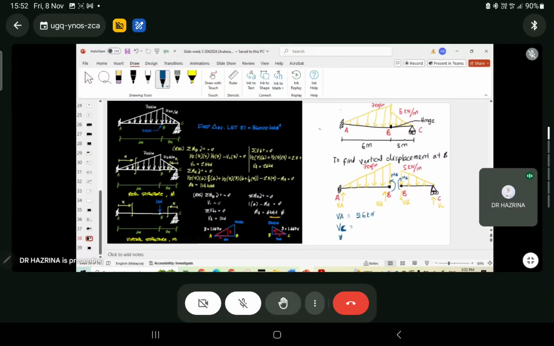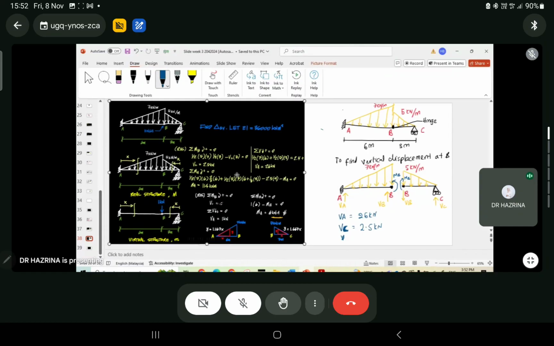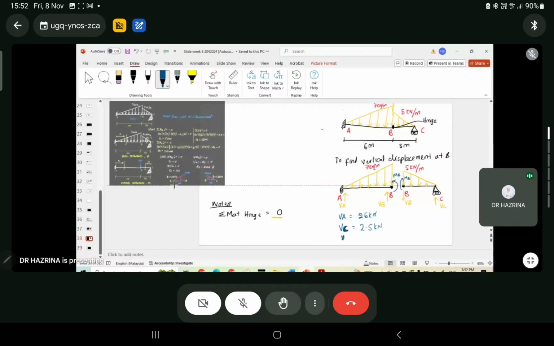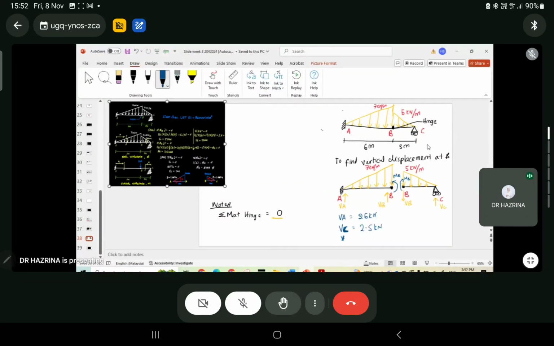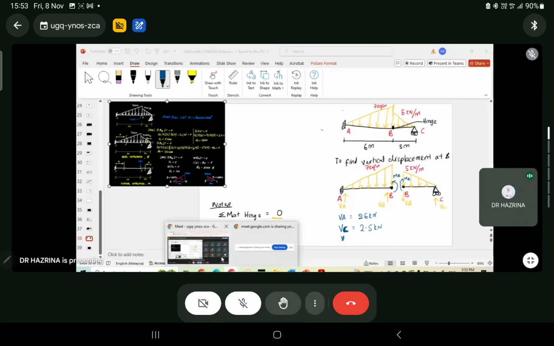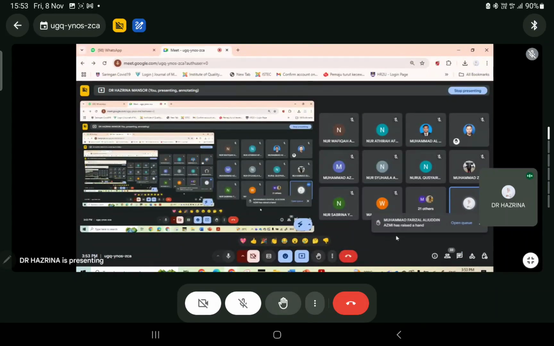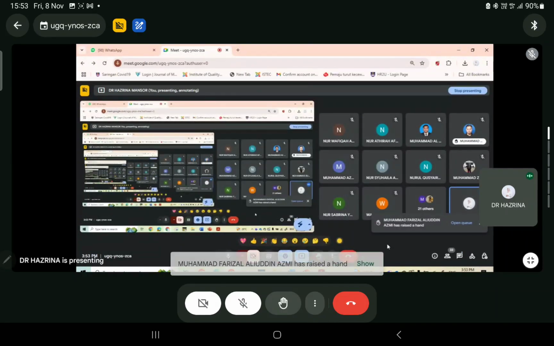And then your VC will be equivalent to 2.5 kilonewton. Alright. So up till this point, may I know who is still not clear on how to find the reaction forces when you have this type of loading? Can you raise your hand or... okay. Yes, Farizal?